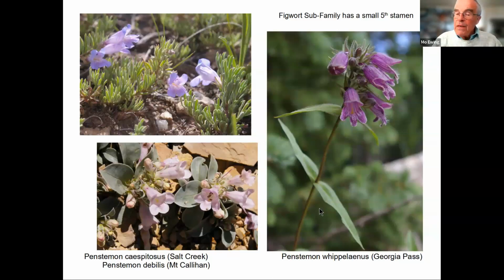In the key, she asks the question, are the leaves opposite? In this case, they are opposite because this is a penstemon, or are they alternate or a basal rosette? The basal rosette is just a bunch of leaves that come out of the base of the plant and don't climb up the stem.